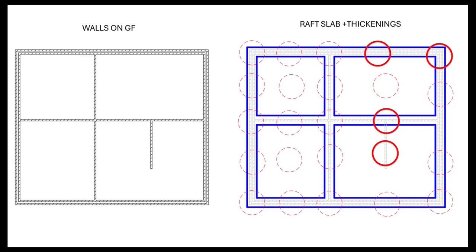On the right side of the slide, I have shown them with blue lines. And the idea of those thickenings is that they will act in a similar way as strip foundations.